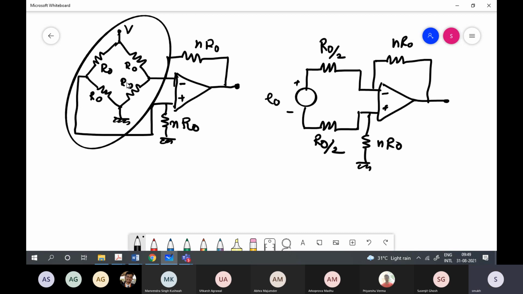Do you agree? This is E0 open circuit. This is E0 Thevenin. Do you agree or not?